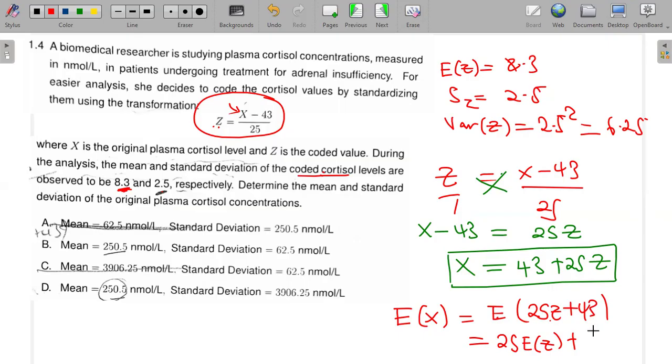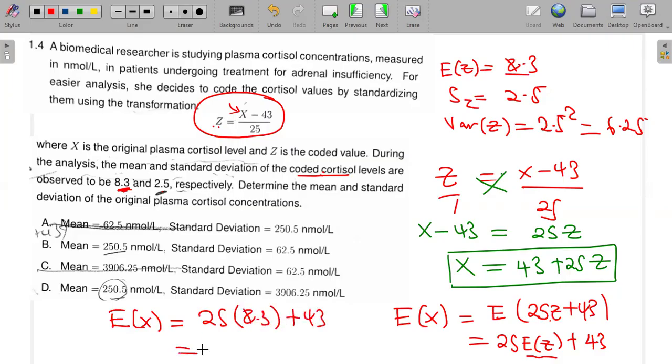But 43 is a constant, so the expected value of a constant is always that constant. So the expected value of X will be 25 times the expected value of Z, which has been given as 8.3, plus 43.